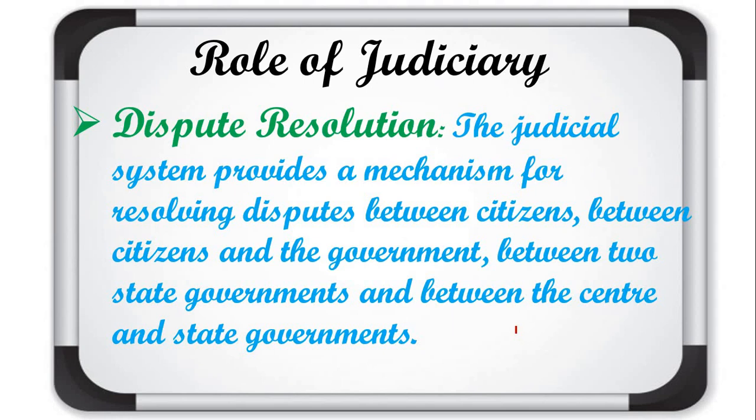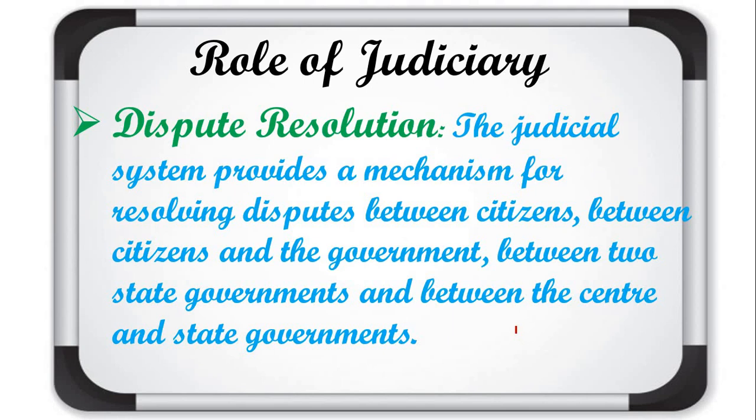The Indian judicial system provides a mechanism to resolve any dispute that can arise between the government and citizens, between two people, between the state and central government, and between two states.